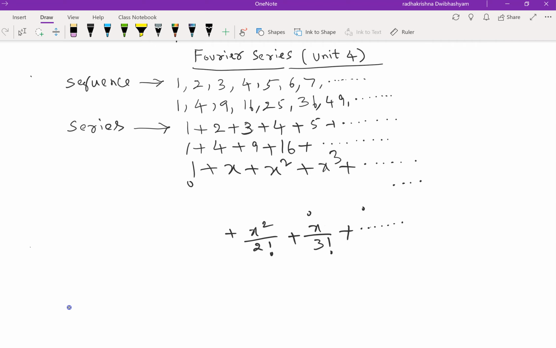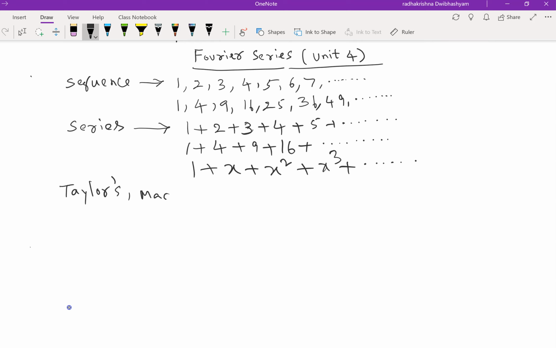Taylor series and Maclaurin series are useful only for continuous functions. Using these series we can expand only continuous functions.